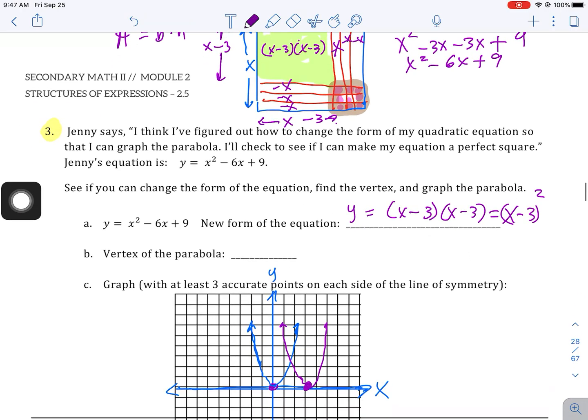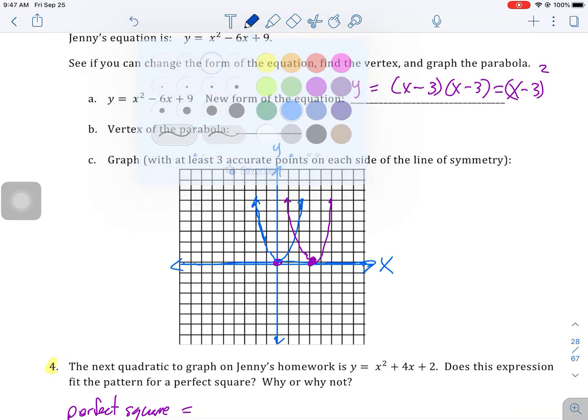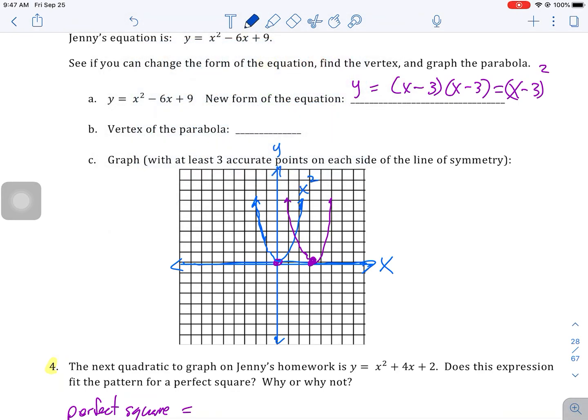Now the vertex of the new parabola, so the blue is our original, which is x squared. But what happens with x minus 3 is it happens later. In fact, everything happens 3 later. So the new vertex, which is right here, will be at (3, 0).